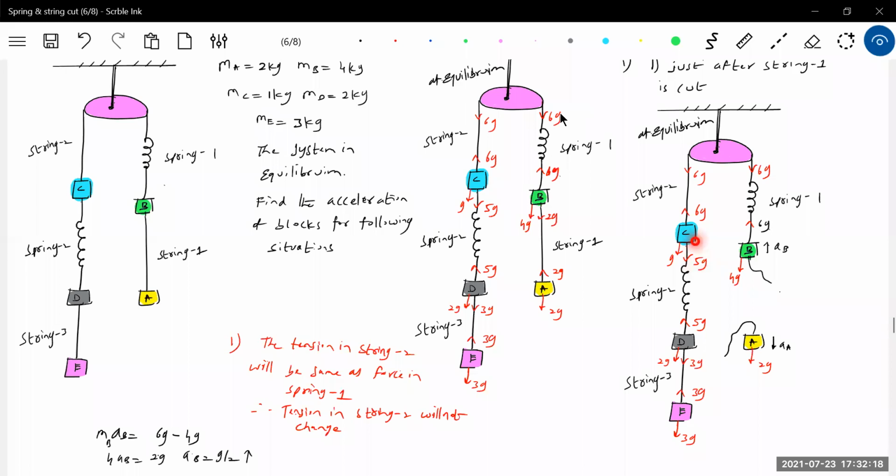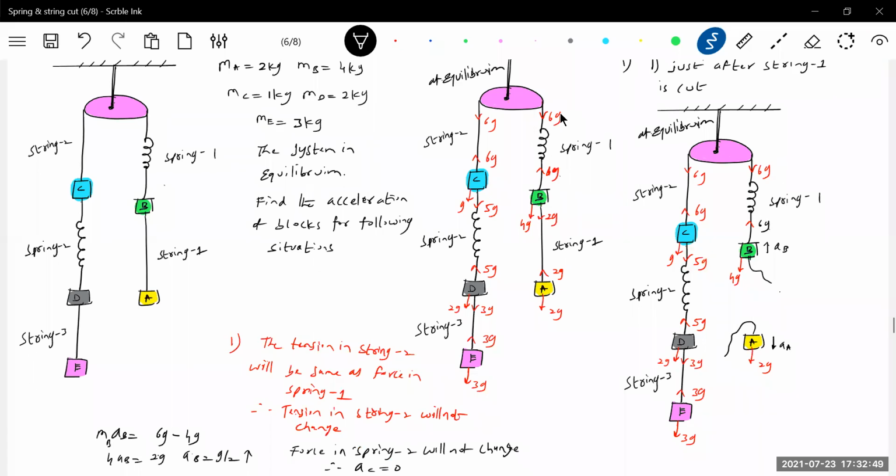So C will be at rest. Force in the spring 2 will not change. Spring, strings, careful. So therefore what we can write? AC is 0. Okay, now we don't have any problem.